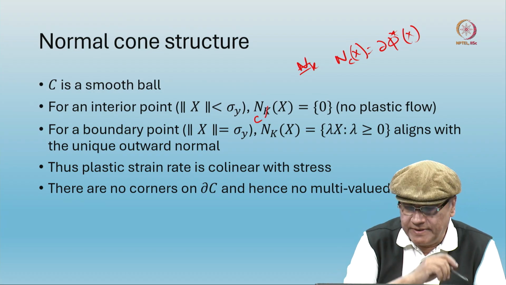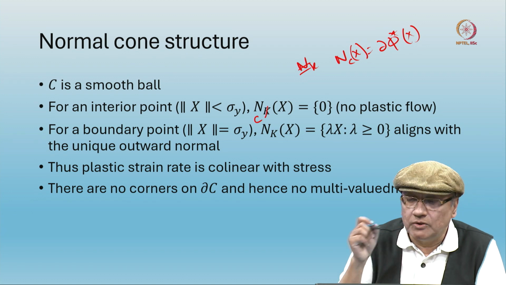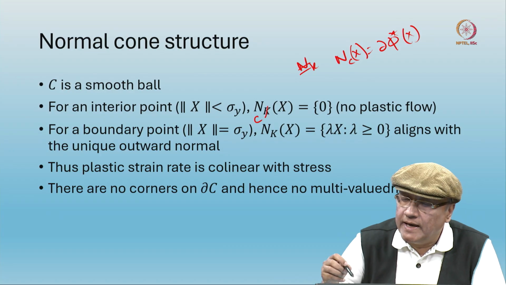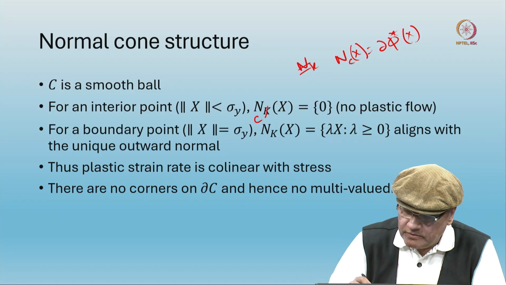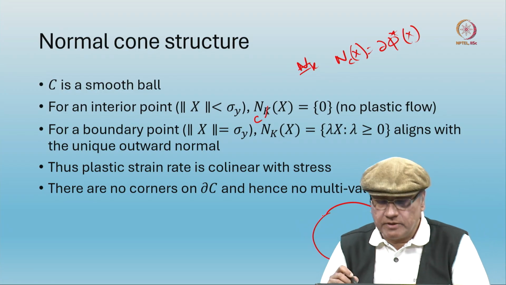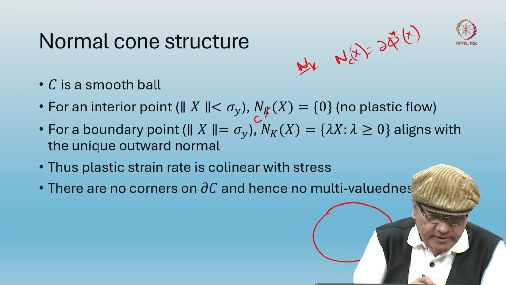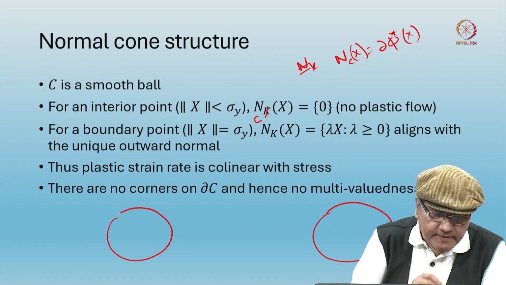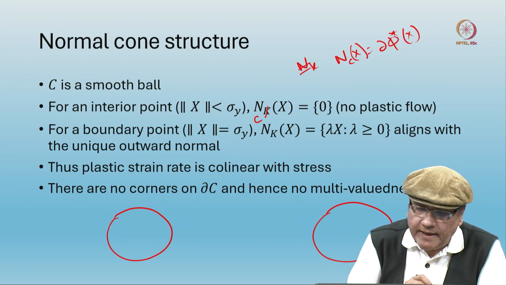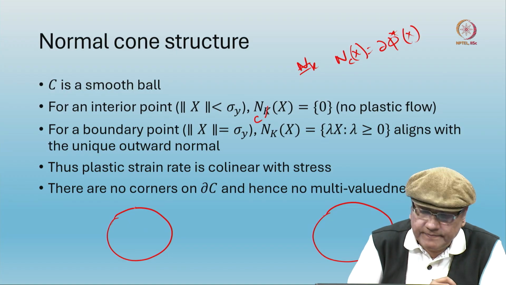On the boundary, what is the normal cone? You differentiate again. So, basically we have this set C, which is a perfect sphere. Think of it to be a sphere. It is not clear. Oh, I will draw it this side, okay, so that you can see. Think of it to be a sphere, okay. So, I am actually on this point.